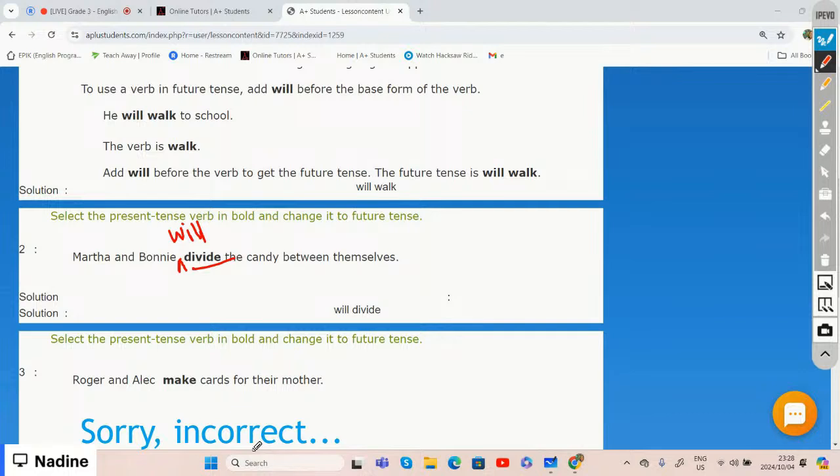All right. And it says that Martha and Bonnie will divide the candy between themselves.